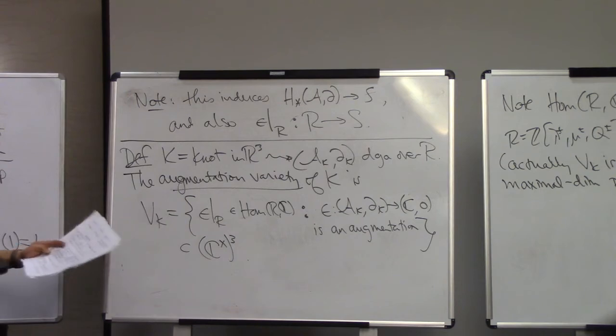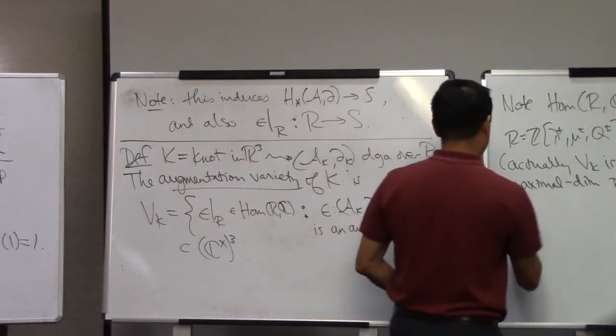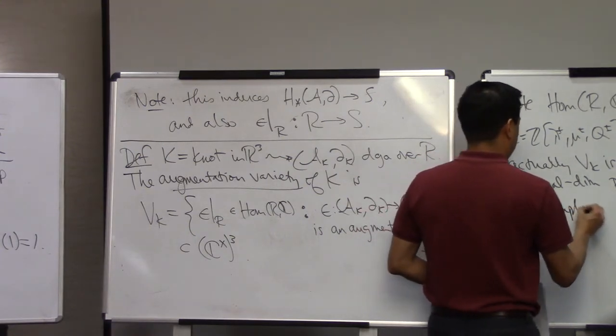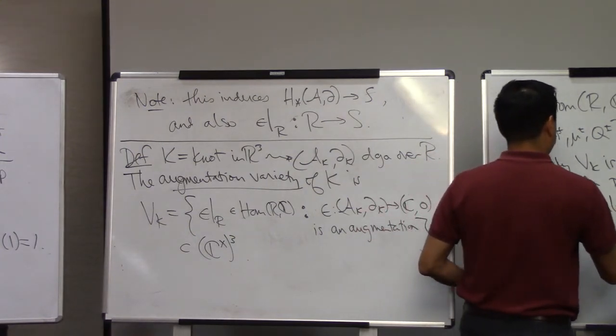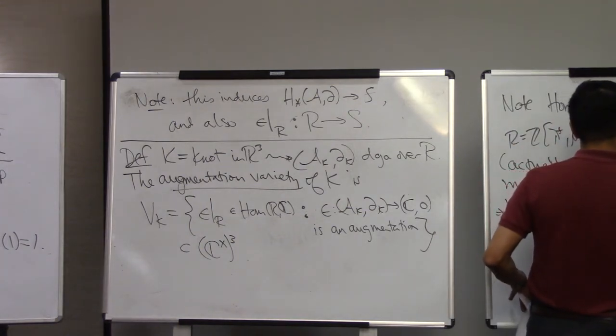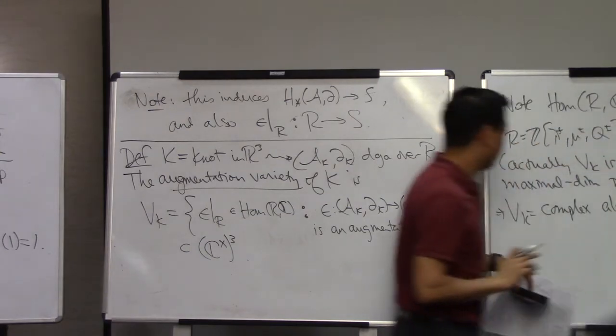And once you get this, then V_K is a complex algebraic variety.